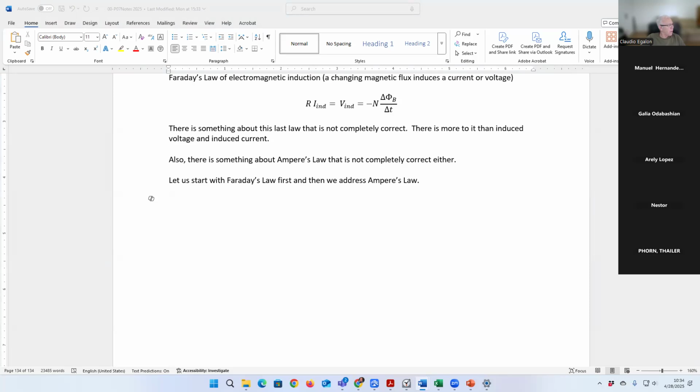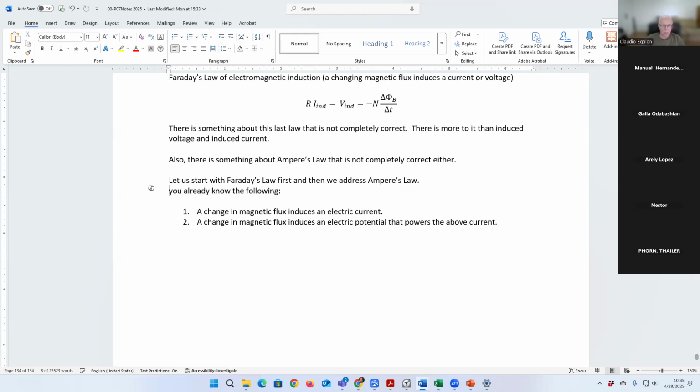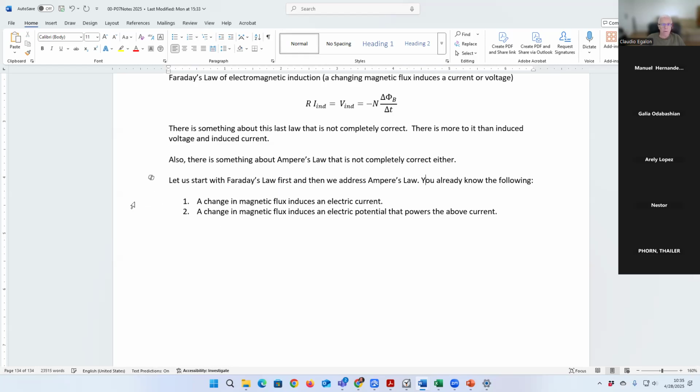Let's start with the equation of electromagnetic induction, which is Faraday's law. You already know the following.